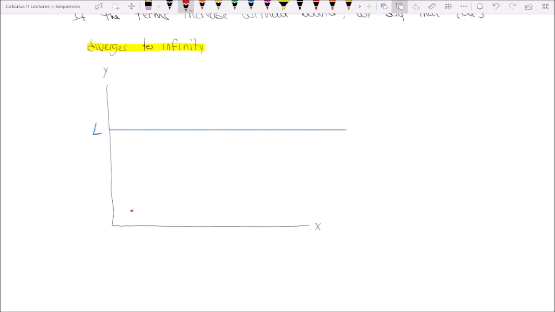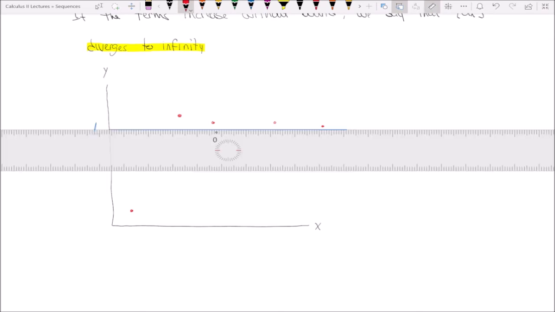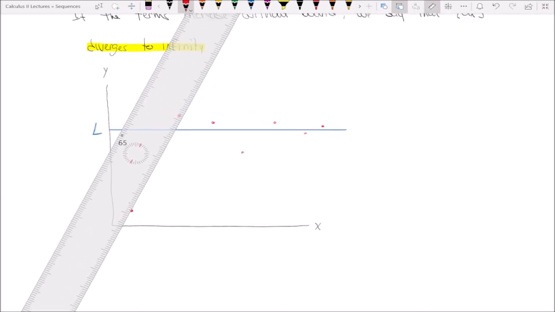So there's one value of the sequence, there's another value, here's a value, here's a value, here's a value, so on and so forth. All right, let's connect these.